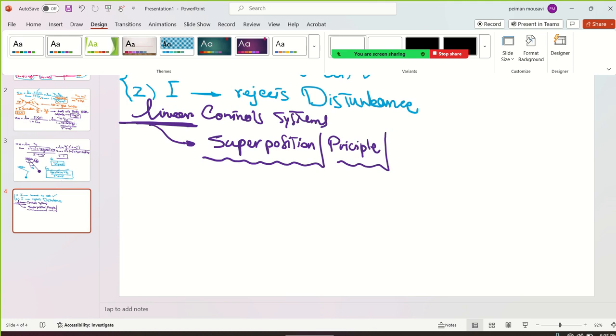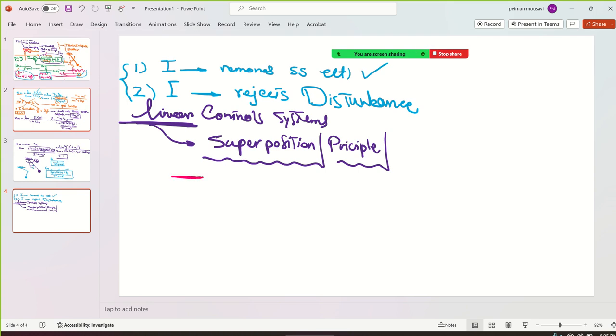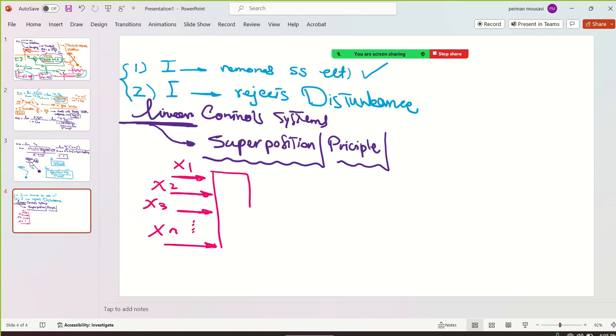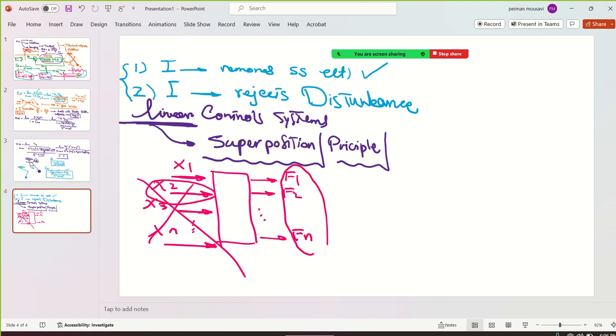Okay. So yes, you can add things together. If you have x1 to the system, x2 to the system as input, x3, and xn to the system, you can say, you know what, first I want to have x1 only to have f1, then I'm going to only have x2 to have f2 to the system, then you have fn, then I can add the results together.